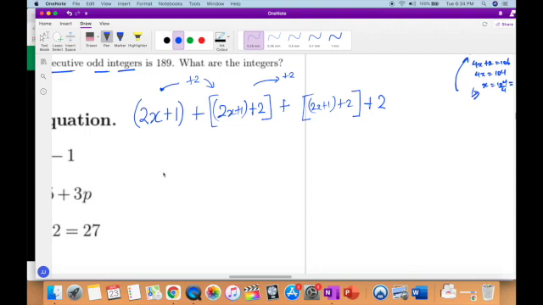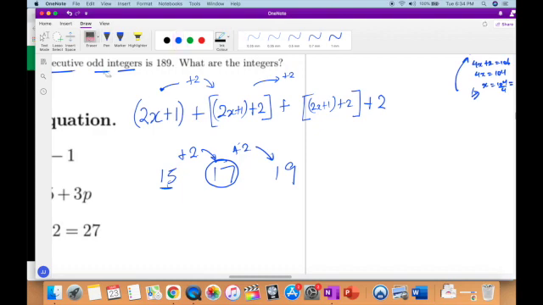Imagine if I had 3 consecutive odd integers. Wouldn't I have to take this one and add 2 to get the next odd one? And then I'll have to take this one and add 2 to get the next odd one? So does that answer your question?